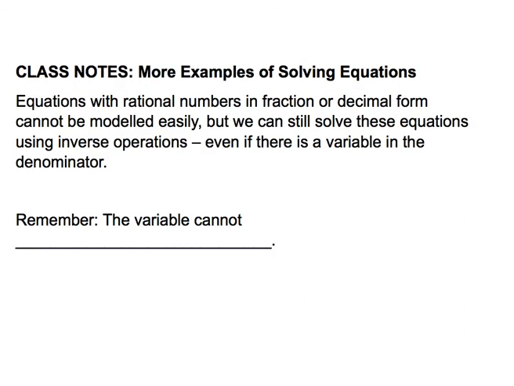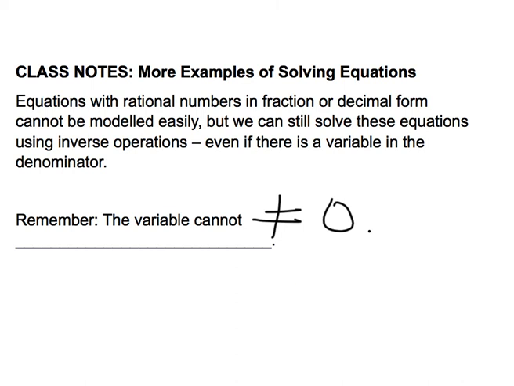Okay, so here are some different examples of solving equations. Equations with rational numbers in fraction or decimal form cannot be modeled very easily, but we can still solve these equations using inverse operations, even if the variable is in the denominator. When the variable is in the denominator, the variable cannot equal 0. The denominator can never be equal to 0.